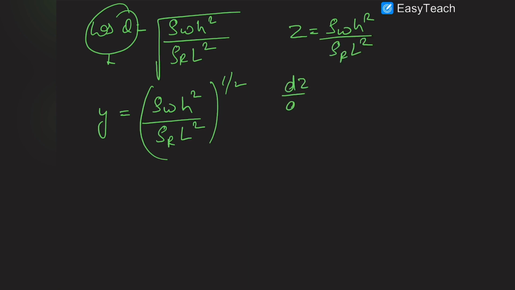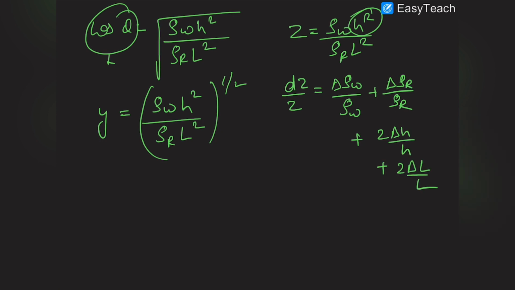So dz by z will be equal to d rho w by rho w plus d rho r by rho r, and plus 2 delta h by h, and plus 2 delta L by L, and there would be a negative sign for these ones because they are in the denominator, so here would be a negative sign and also there would be a negative sign here.